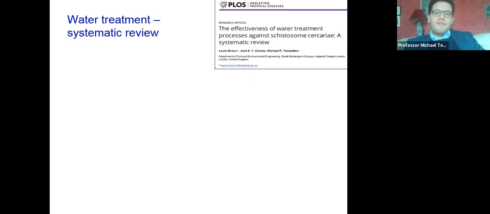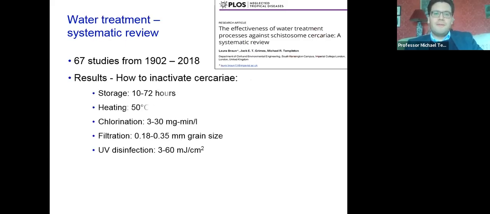So in terms of the first objective, the first thing we did was a systematic review, and we looked at all the studies in terms of water treatment, and we found 67 studies going back to 1902, looking at the different forms of water treatment. And there was quite a lot of information on different ways that you can make water safe just by storing the water for a certain amount of time, for example, or heating it.